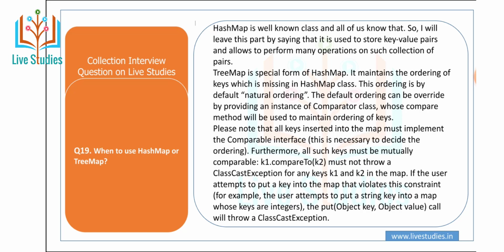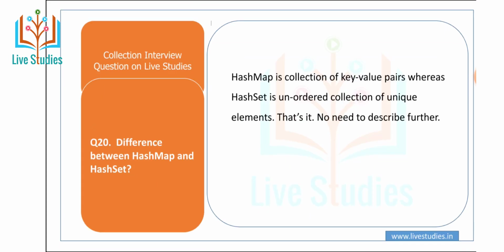If the user attempts to put a key into the map that violates this constraint, for example, the user attempts to put a string key into a map whose keys are integers, the put(key, value) call will throw a ClassCastException. Move to another question.